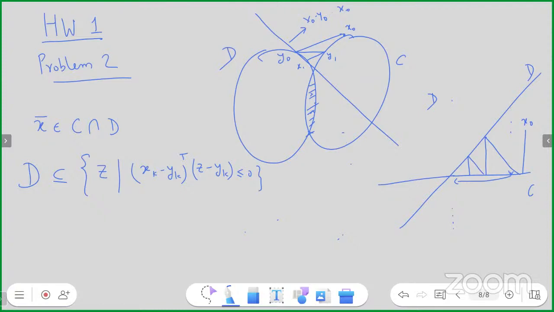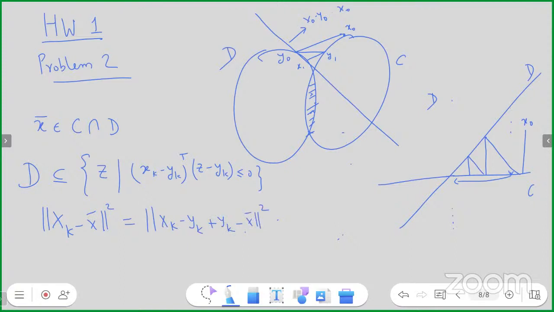Okay, fine. Now, what is the squared distance between xk and x bar? I'm going to write it by introducing the yk's: xk minus yk plus yk minus x bar.